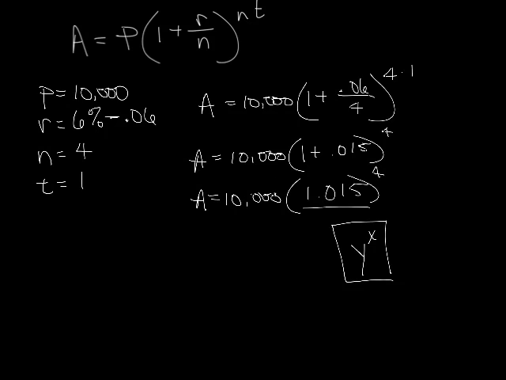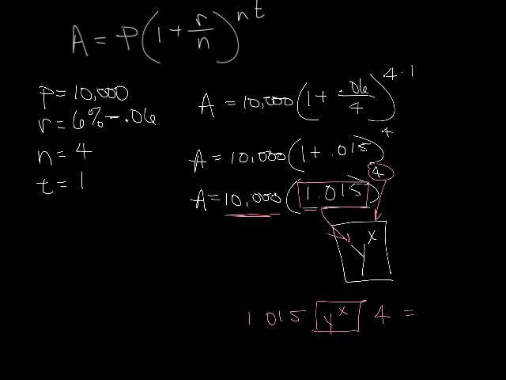That means you put the 1.015 and then the 4 is the x value there. So what you'll do is put in 1.015, push the y to the x key, and then put the 4 in there, and then hit equal, and that will tell you what 1.015 to the fourth power is, and then you can multiply that by 10,000.